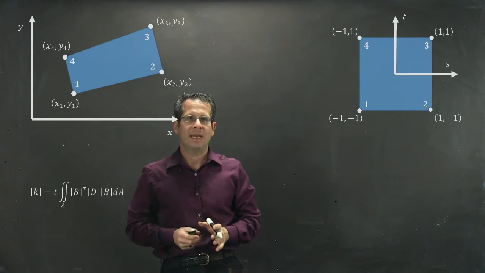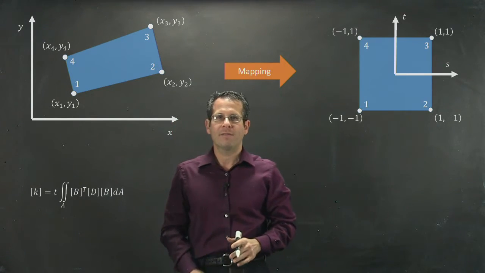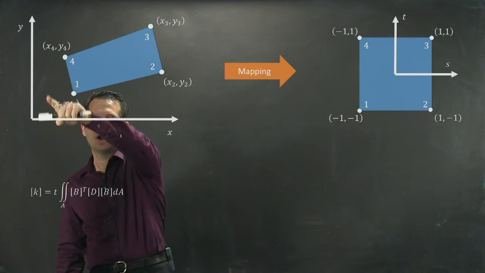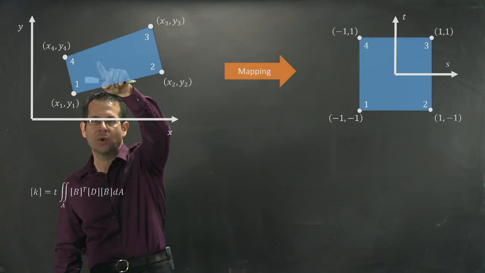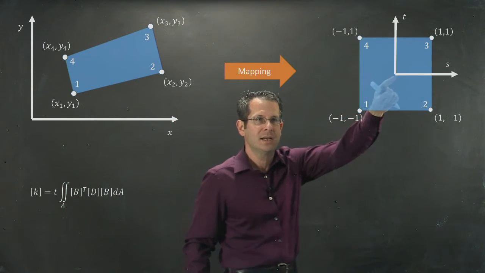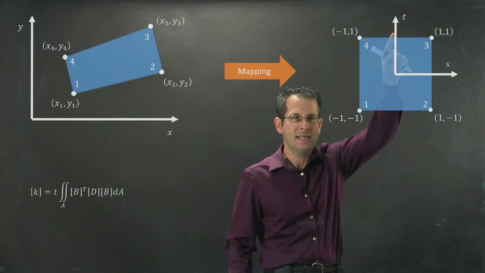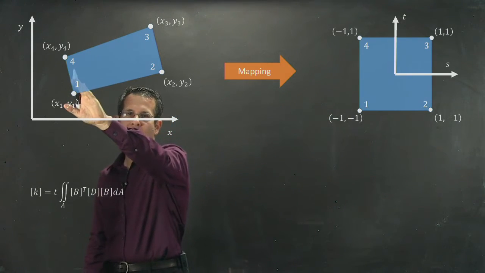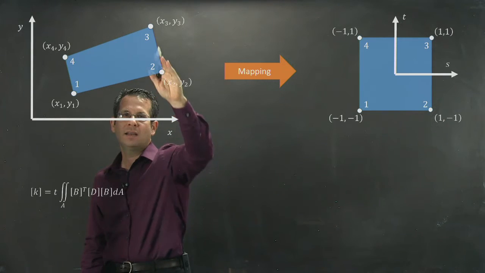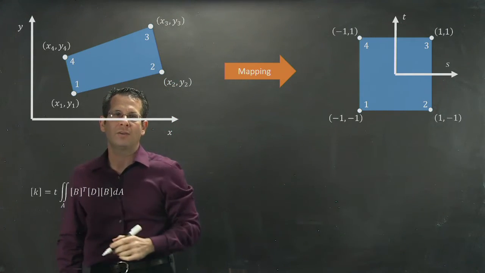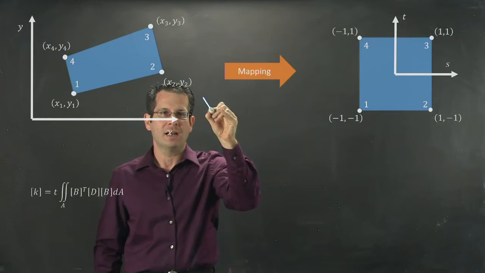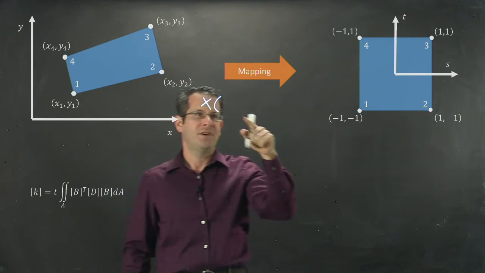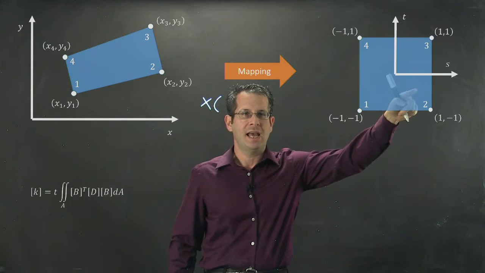What we're going to say is that for every unique xy point that exists in my xy plane, there is a unique point in st space. That is to say that for any location inside this quadrilateral, I can write that a location in x space is a function of my location in st space.